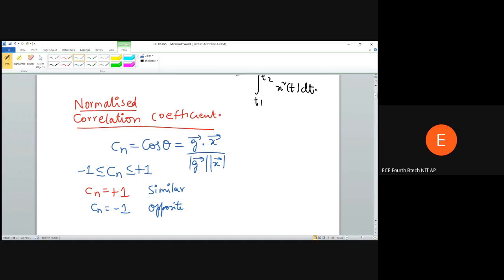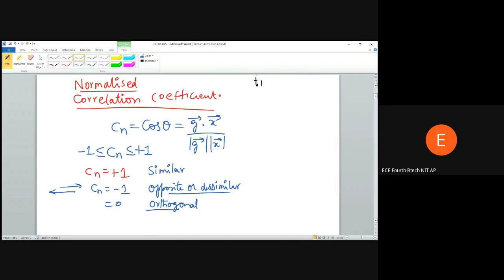That means if one vector is in this direction, another vector will be in the opposite direction. And when Cn is equal to 0, the two vectors are orthogonal to each other. As I told you, friends, strangers, orthogonal means strangers, and these are foes. We had this discussion a long time before.